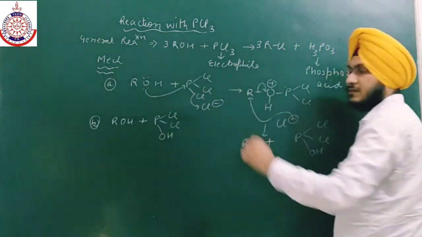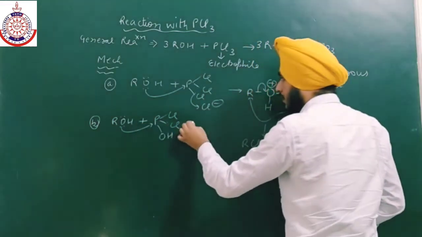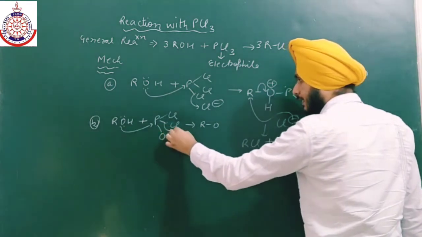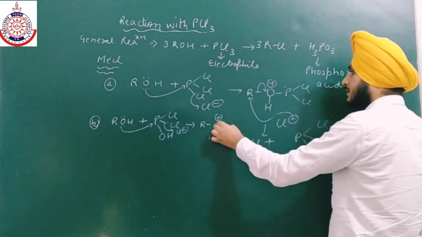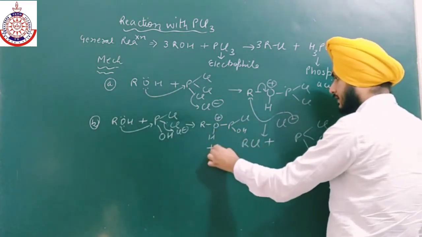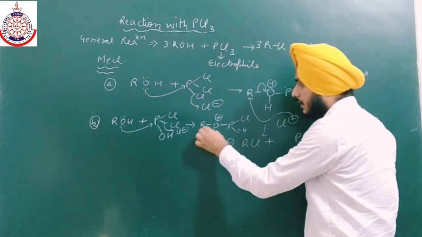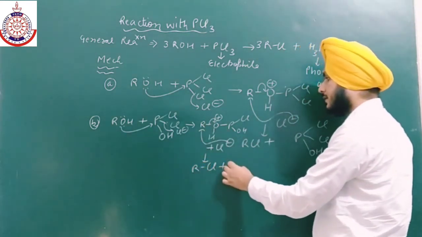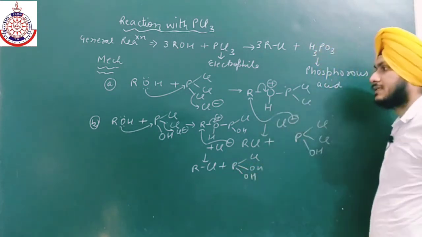Again the first step is the same, attack of the nucleophile, and then we get RO and the removal of Cl negative. Again the same step, and we get ROH, P, Cl and OH plus Cl negative. Now this Cl negative will attack the alkyl halide and this bond will break, and we will get the second molecule RCl plus P, Cl, OH and OH. So this is the second step.